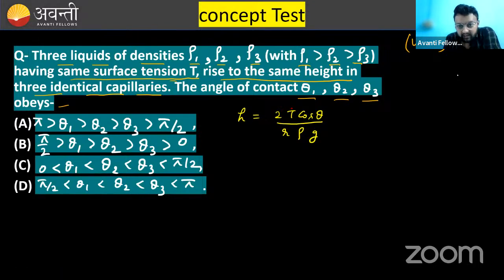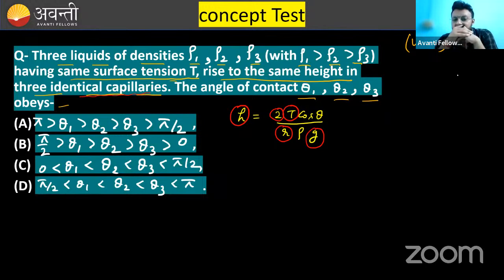Same surface tension means T is constant. Same height means h is constant for all three liquids. g is universally constant. Identical capillaries means the radius of the tube is also constant. And 2 is universally constant.